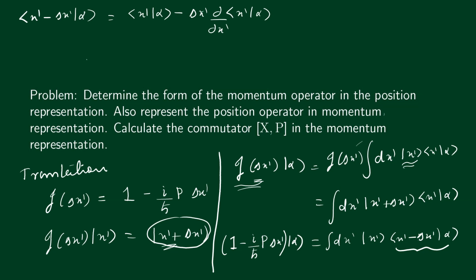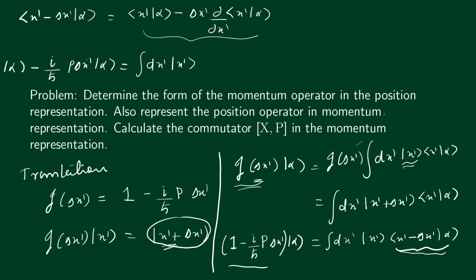Now substituting this here, on the left hand side I have ket alpha minus i by h bar p delta x prime ket alpha, and on the right side I have integral dx prime ket x prime. Now instead of this thing I am writing this thing.